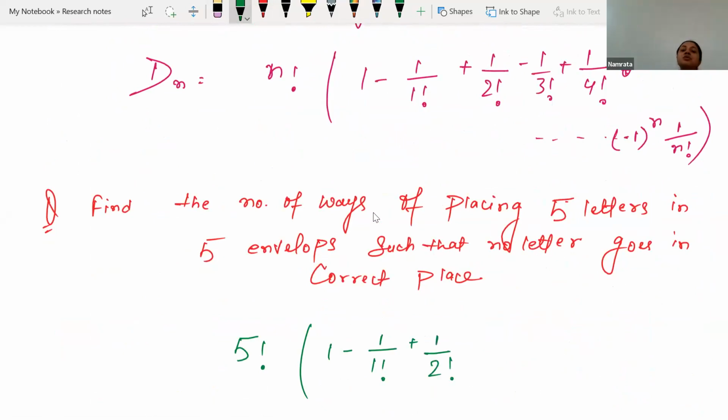This way we have to go till which number? 5 objects, 5 letters, 5 envelopes. So we have to go till 5. Okay. Minus 1 by 3 factorial plus 1 by 4 factorial minus 1 by 5 factorial. Is it clear now? Yes, ma'am. This will give the possible ways of rearranging these 5 letters in 5 envelopes. Similarly, whatever the question, this way only you will be able to do it.